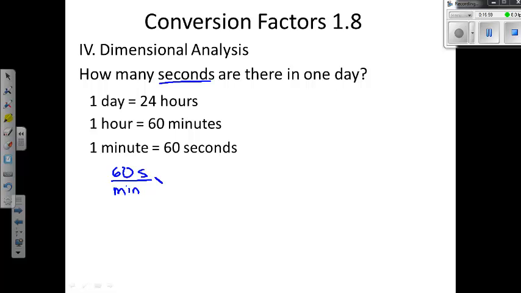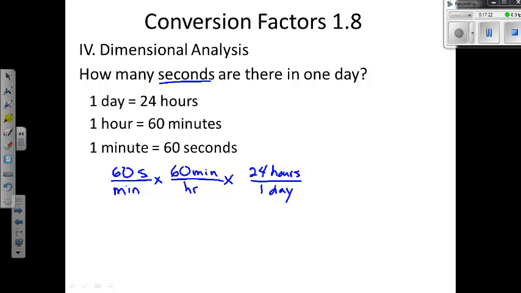And then to make minutes cancel out, I put 60 on the top here, minutes per hour. And then to make the hours cancel out, I do 24 hours in one day.